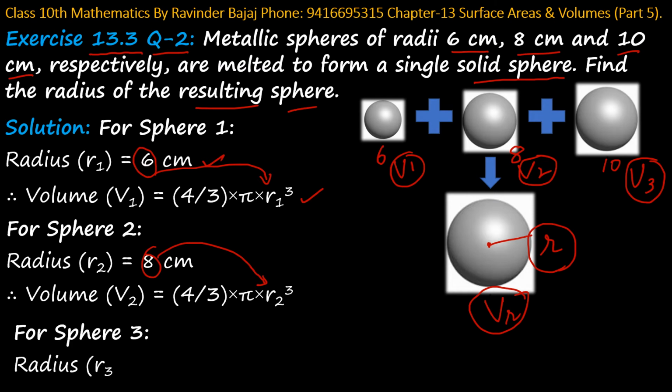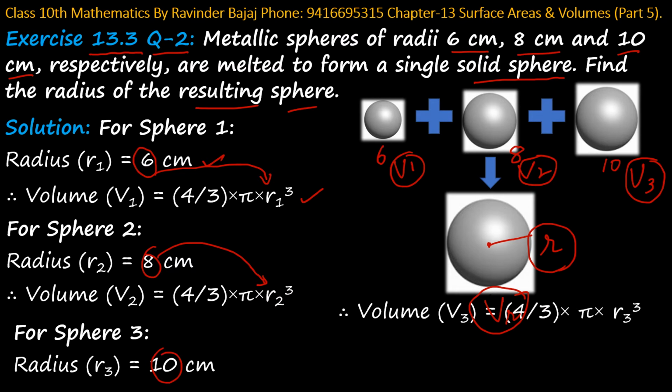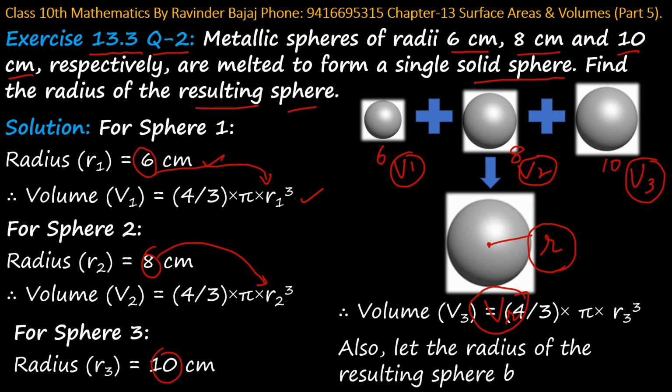Next one is sphere 3. Again, it is of 10 centimeter. We will put this value in the volume, and we will get 4 by 3 pi r cube. So the volume of all three spheres is calculated. Also, let the radius of the resulting sphere be r. Calculate कर लिया, the radius of the resultant sphere is r.